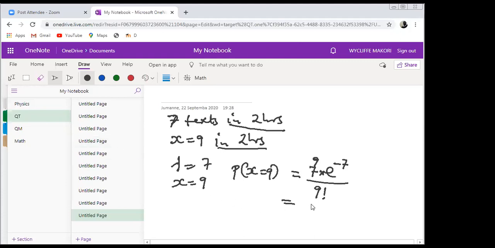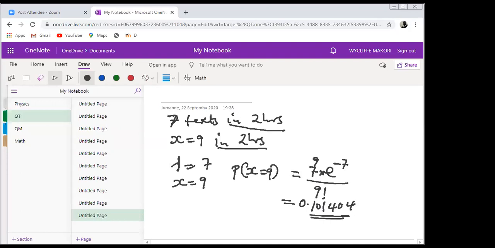If you do that, what do you get? I'm getting 0.10140404. Is anybody getting a similar answer?